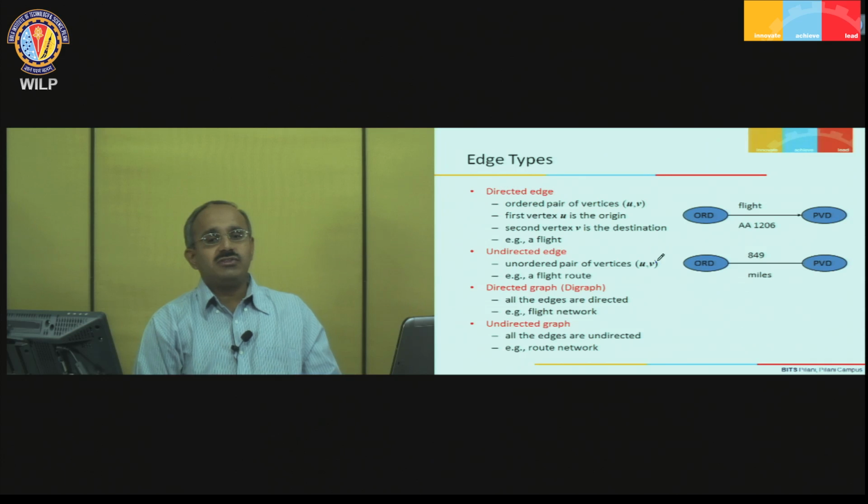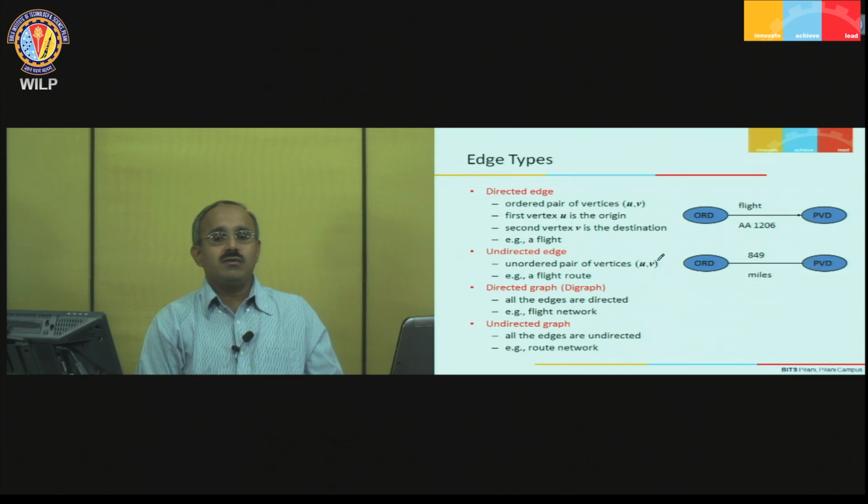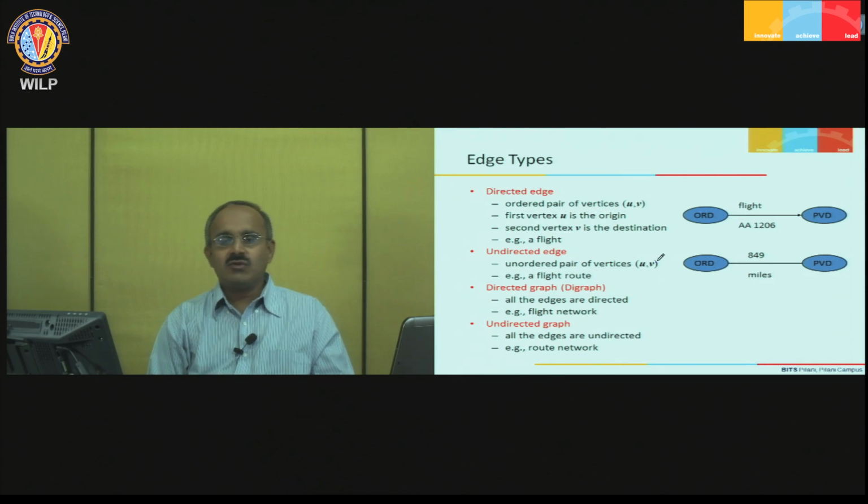So, a directed edge means it is an ordered pair in which the order is going to be important. So, when we write (u, v), this means it is a directed edge from u to v. We call the first vertex the origin vertex and the second vertex the destination. So, you also call it source or destination, or origin and destination.